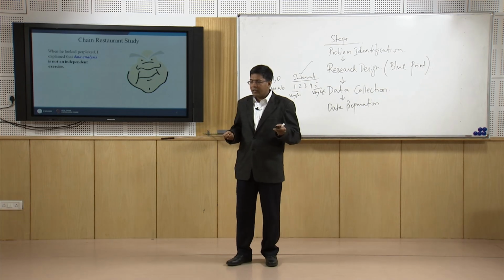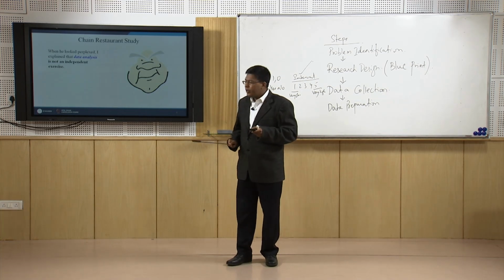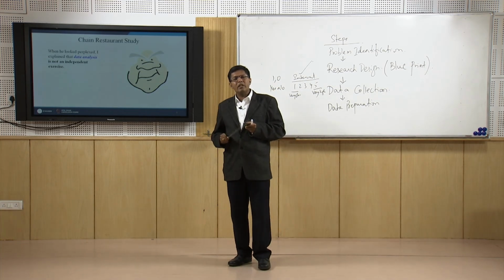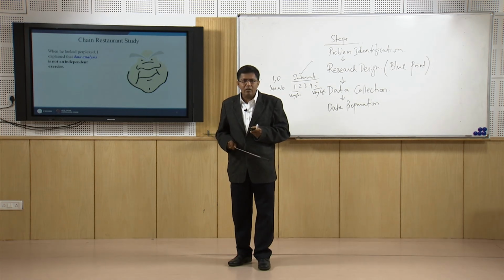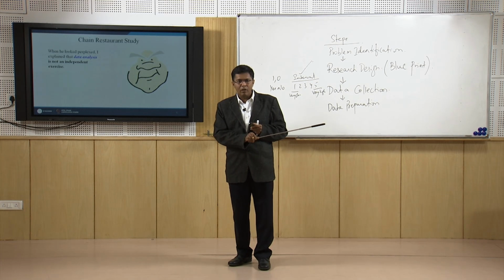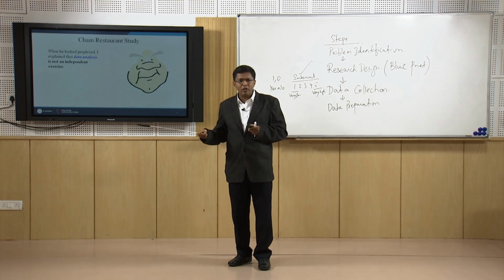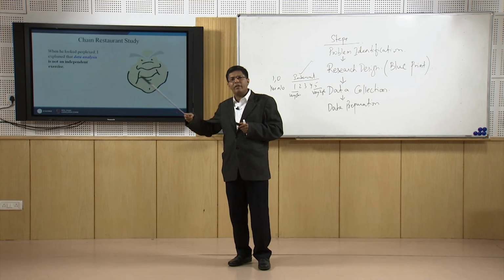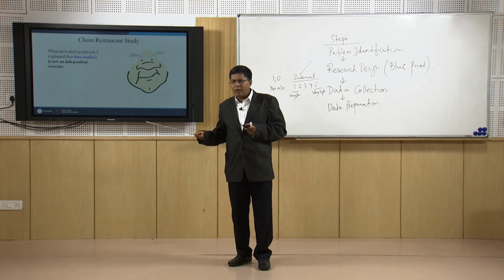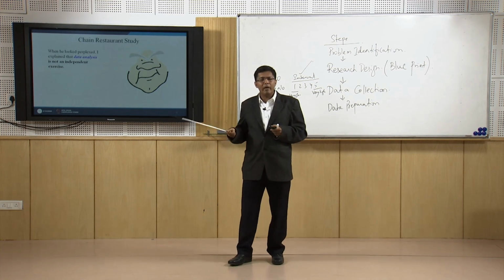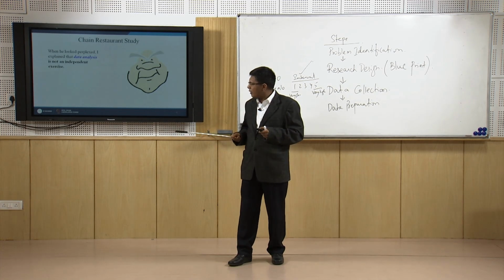But suppose your objective is to increase the efficiency of a machine, then that is a different kind of research, operation research, for example. Or somebody is interested in understanding the volatility of the stock market, then that is a third kind of research, where you are trying to understand how the financial market moves.